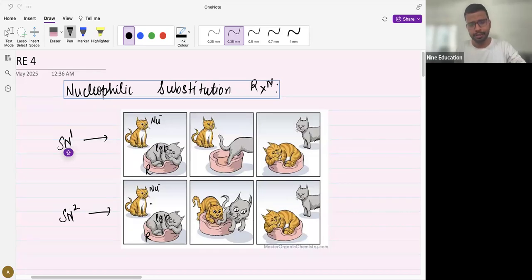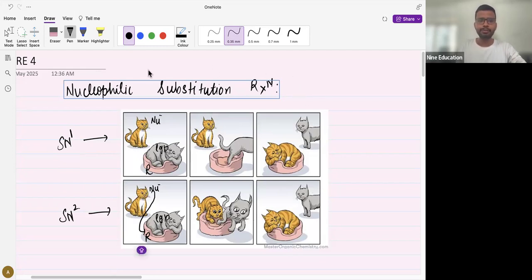है ना. SN2 reaction में हमने क्या पढ़ा? A nucleophile will come and will attack on the R from backside. देखो, this yellow cat will attack and the leaving group will leave. है ना.